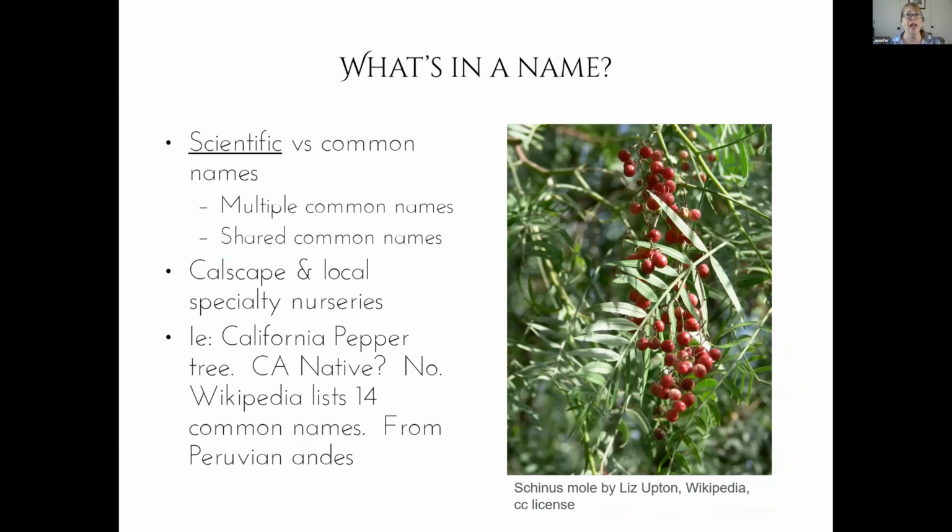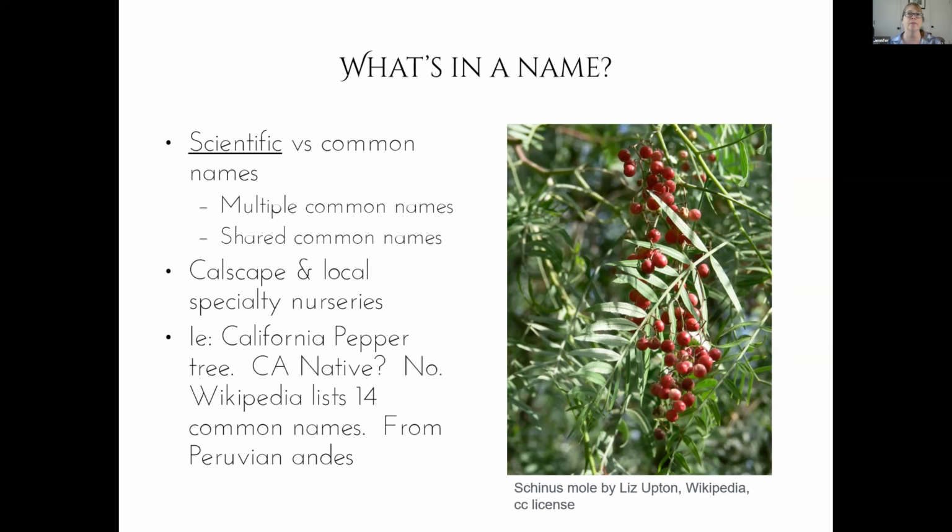On that note, when you're doing these searches, the very best thing you can do is use the scientific name. Common names are often used because someone found it easier to say.